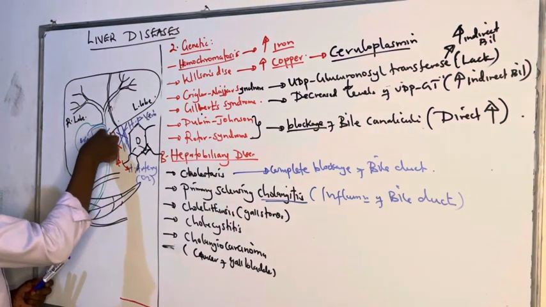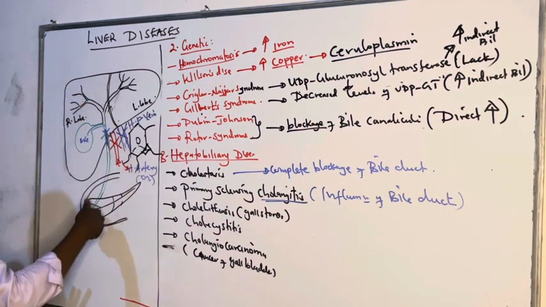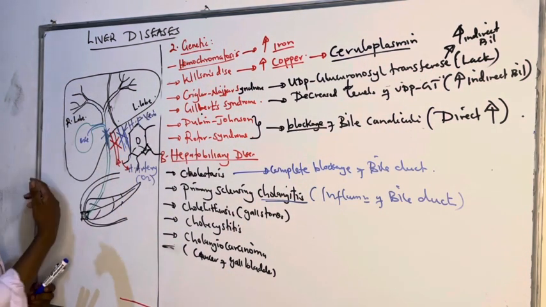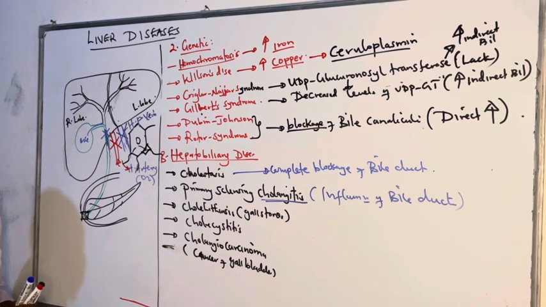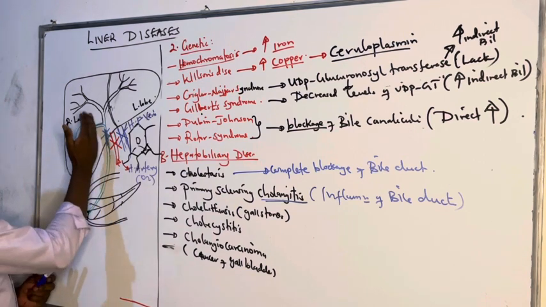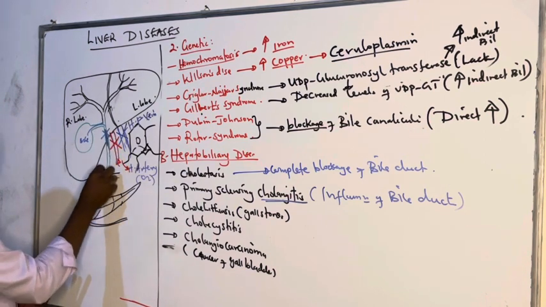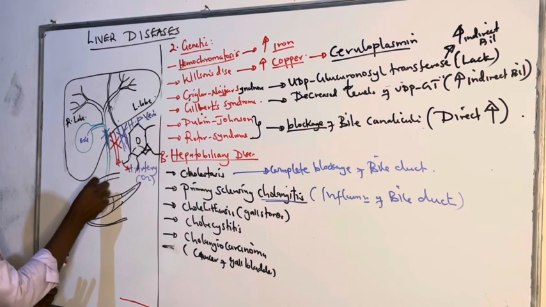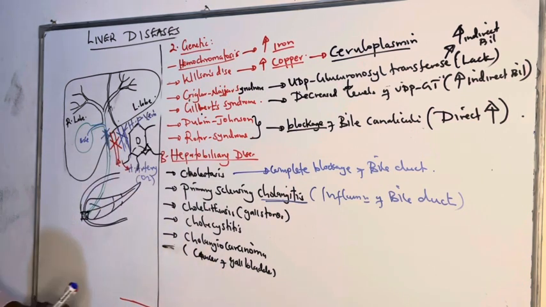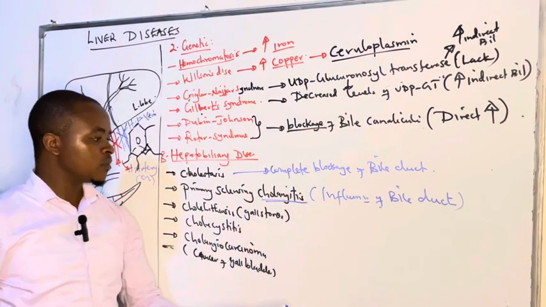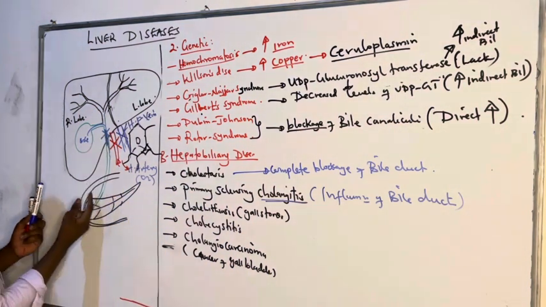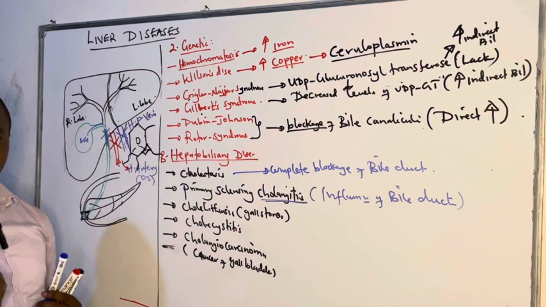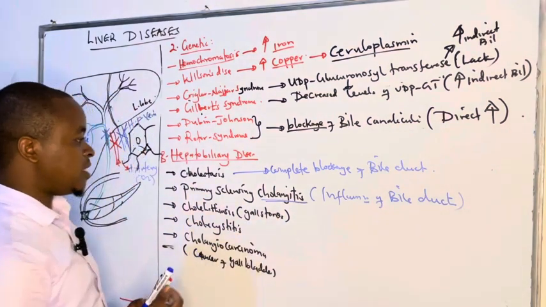Whenever there are toxins, you have been taking much alcohol, drugs like rifampin, drugs like phenobarbital, those barbiturates, they can lead to the destruction of the epithelial lining of the bile duct, leading to inflammation known as cholangitis. In primary sclerosing, the epithelium is being replaced by fibrous tissue.